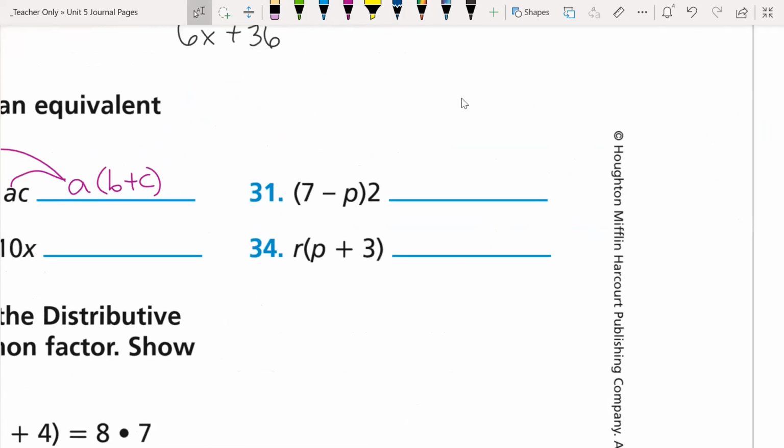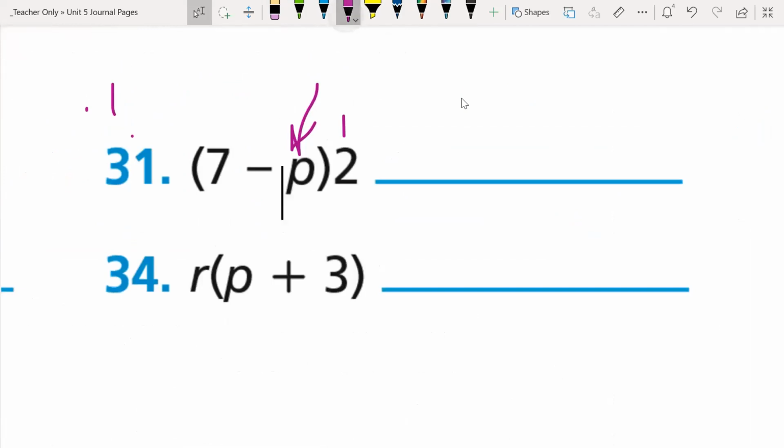Can I rewrite an expression here? Yep, I sure can, because this 2 can be distributed to this p and this 7 to get 2p minus 14.